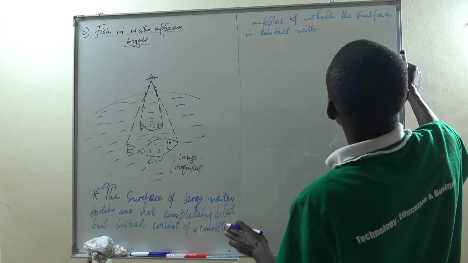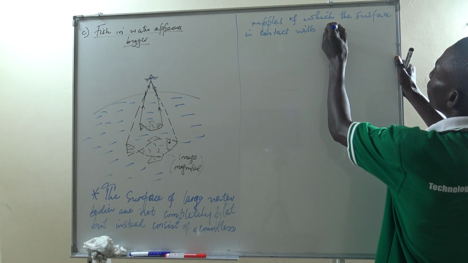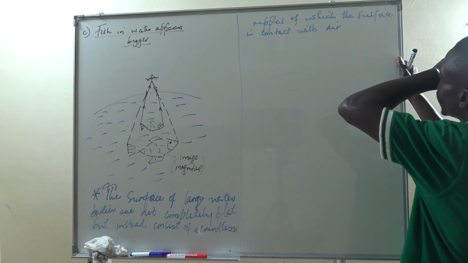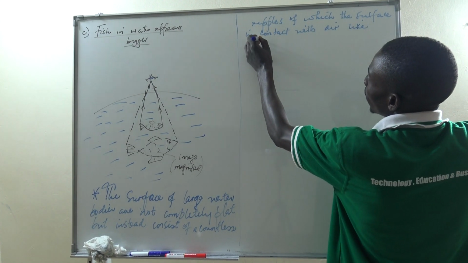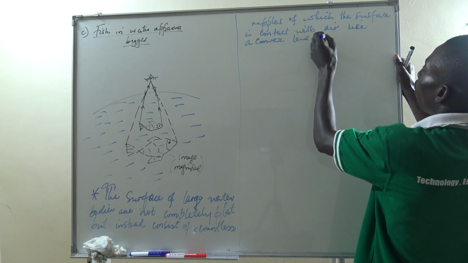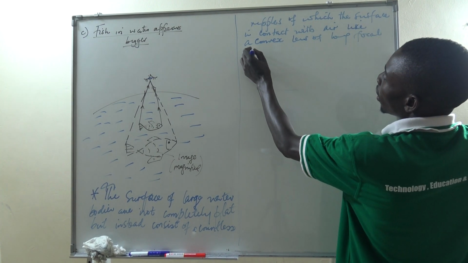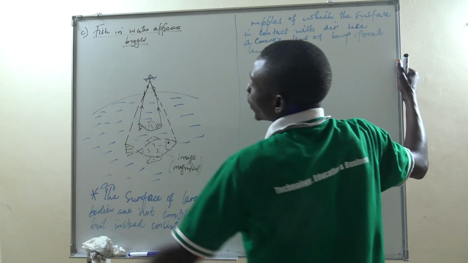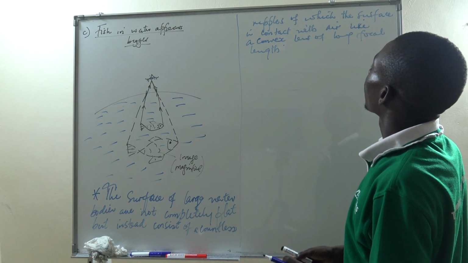the air is like a convex lens of long focal lengths. The ripple is like a convex curving.